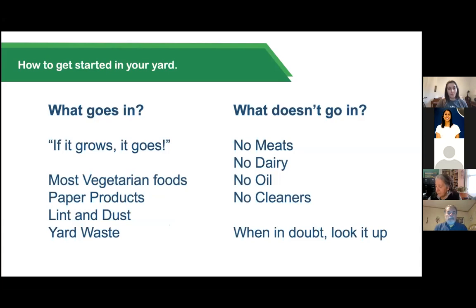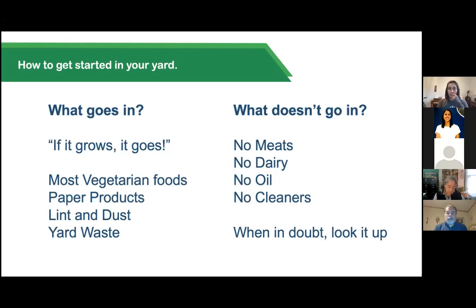So if you think of what can a vegetarian eat, anything that doesn't have meat, most vegetarian foods, obviously no dairy, I would say all vegan foods, but there are some things like honey and stuff that I guess vegans don't eat. And so anyway, honey can go into your compost. So, and then eggs and things like that.